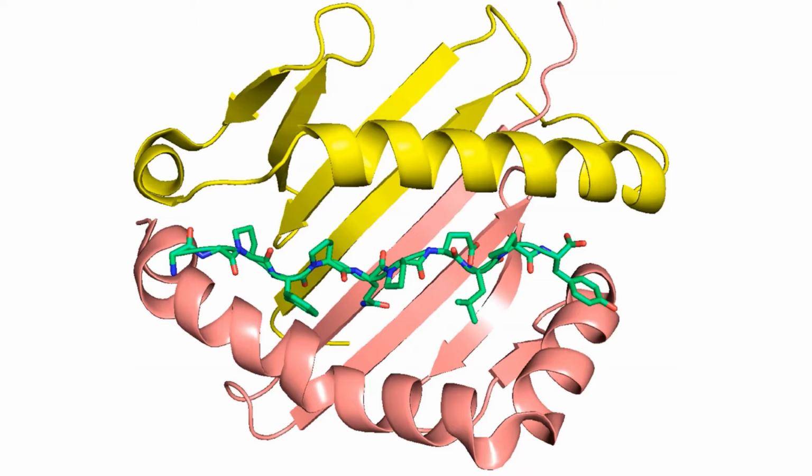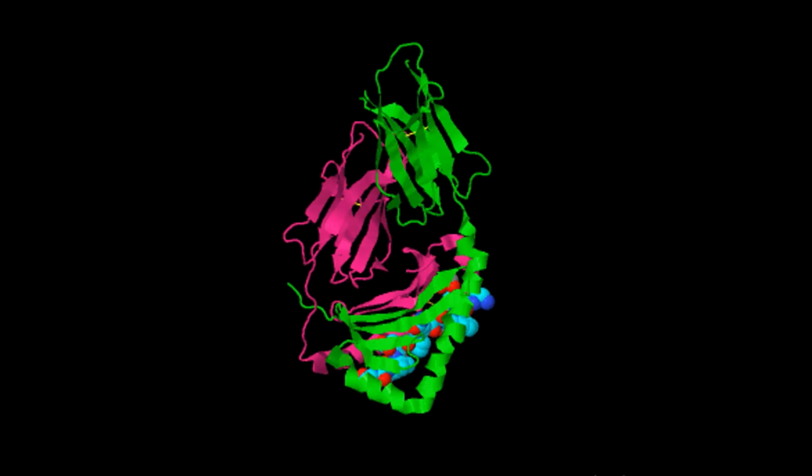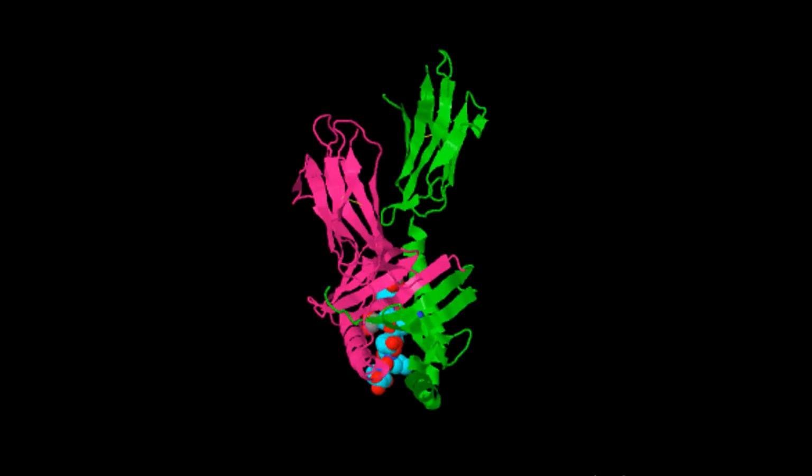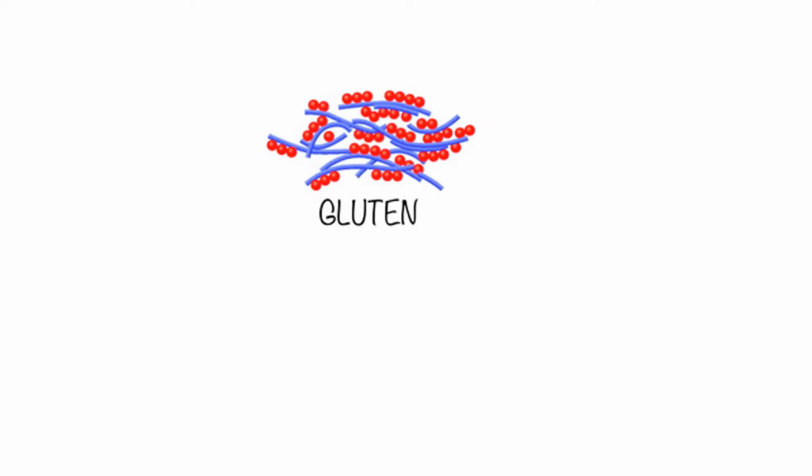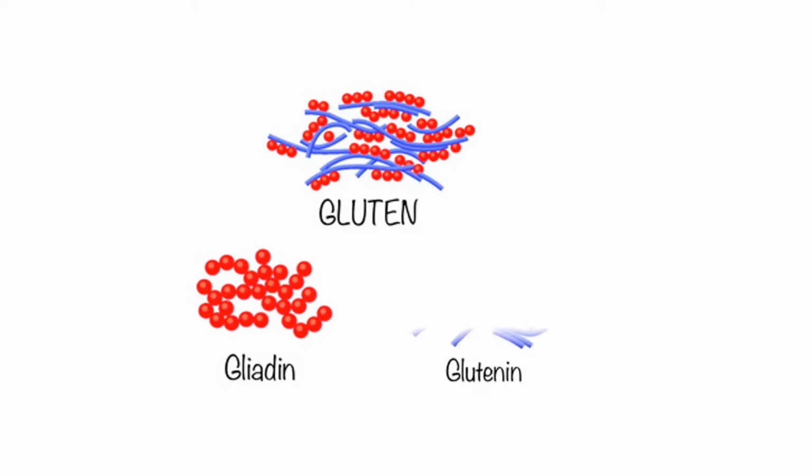What is it about gluten that upsets the small intestine so much, to the point an immune response is elicited? To answer this, we need to uncover some of the biochemical properties gluten possesses. Gluten is a highly complex compound, predominantly composed of gliadin and glutenin proteins. Gliadin and glutenin proteins both contain high amounts of glutamine and proline, which are amino acids that are particularly resistant to proteolytic digestion by proteases in the human digestive tract.